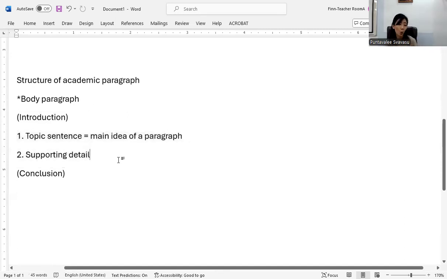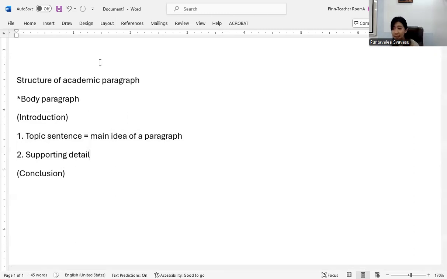So when we link back to the text, which is to find the heading, actually, when we talk about a heading, it is the main idea of a paragraph, isn't it?